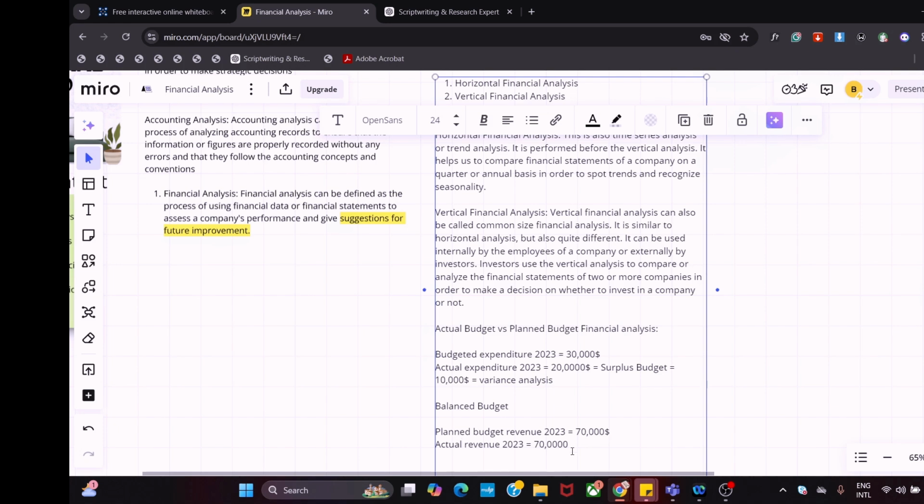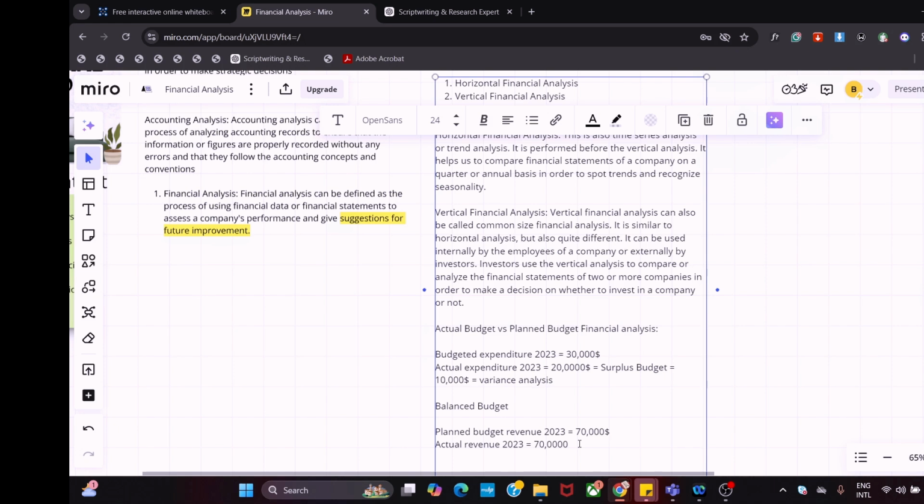Now, what you need to understand is that when we are talking about actual budget and planned budget, I added the word budget here to make it more explanatory. In actual versus budget financial analysis, we are trying to understand if the company actually achieved their planned budget.